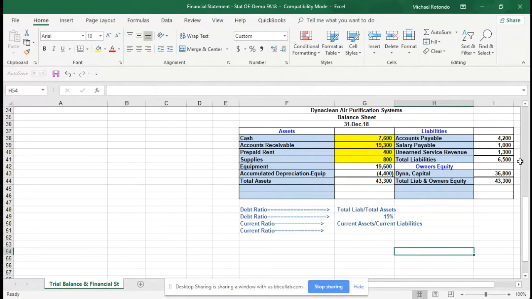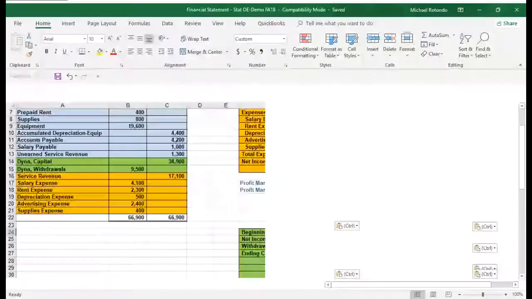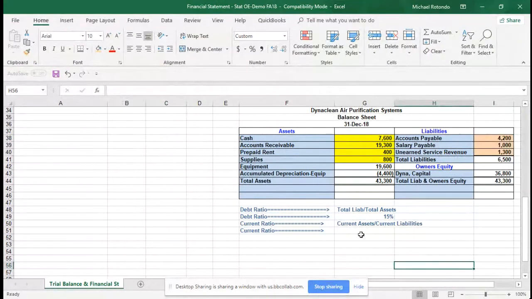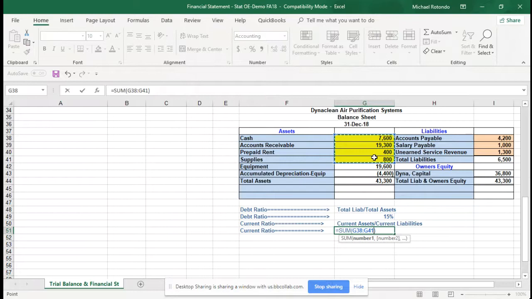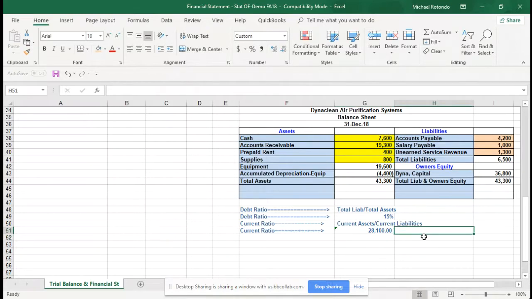Now, all of these liabilities are current, okay? You know, often there's long-term liabilities. There's none in this example, okay? But current liabilities are going to be those that we expect to pay off within a year. So all of these liabilities are current. So if I want to calculate my current assets over my current liabilities, there's several ways I can do it. Okay? I just total these up. Those are my current assets.